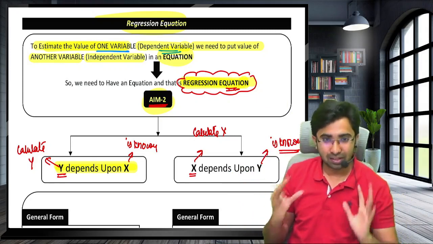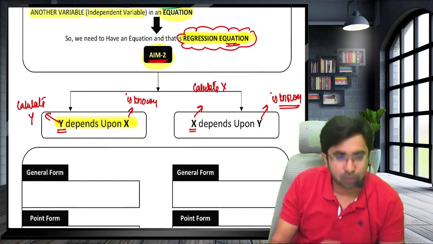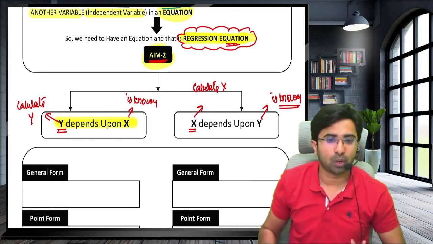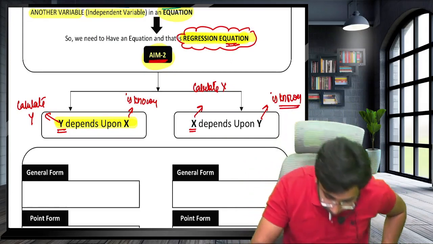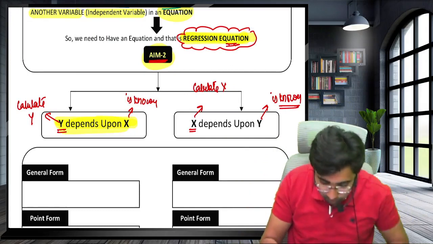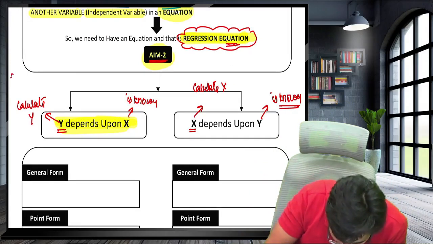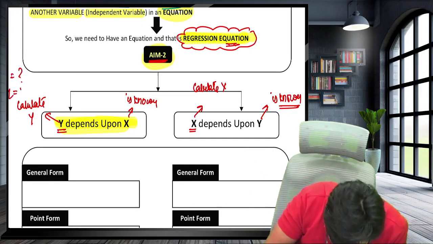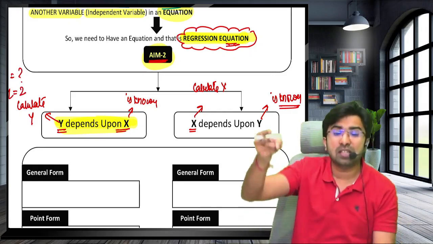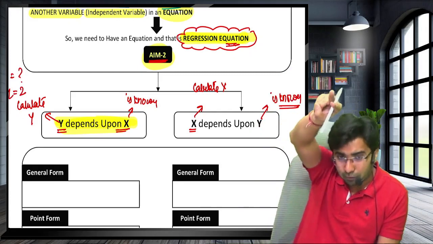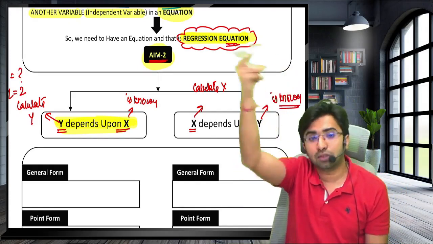Just understand over here, guys. Now, please pay attention. This is very, very important. Now see, y depends upon x. This means I have to calculate the value of y, and the value of x is known.